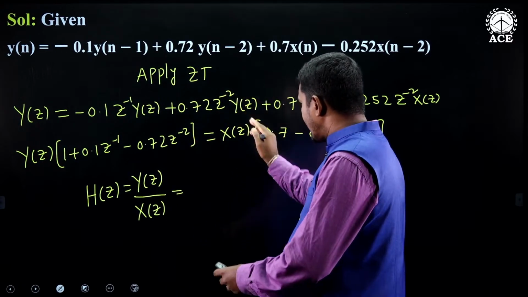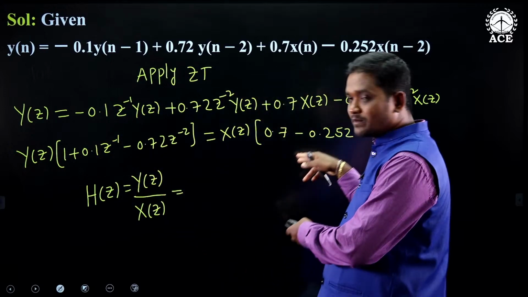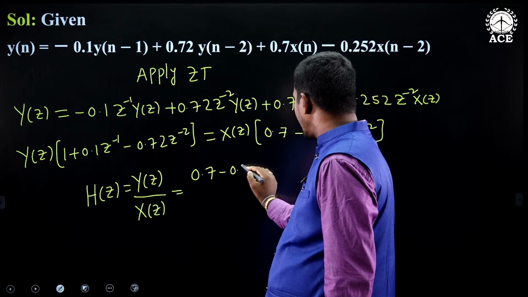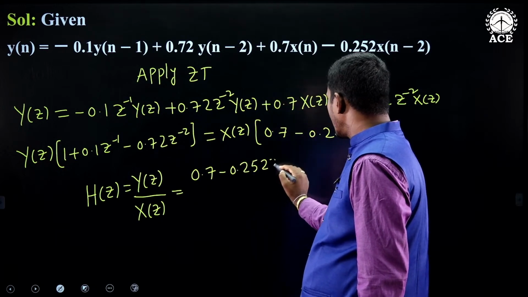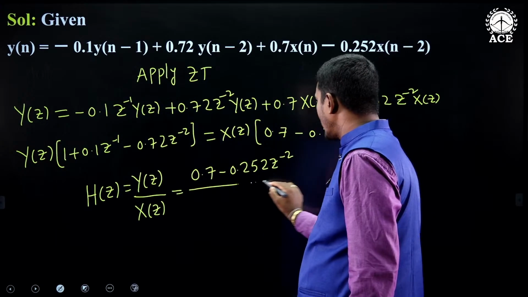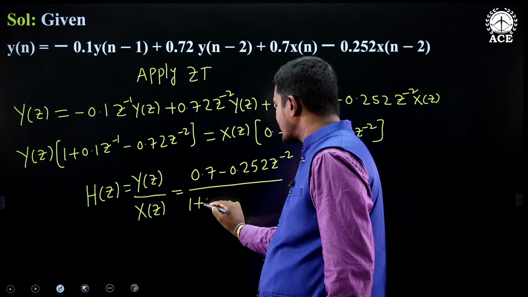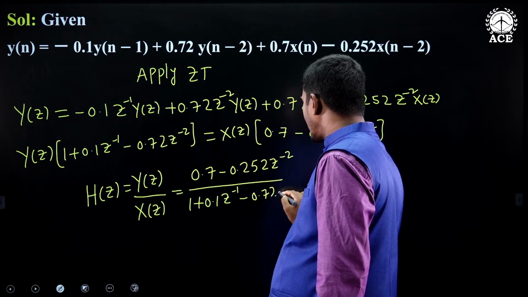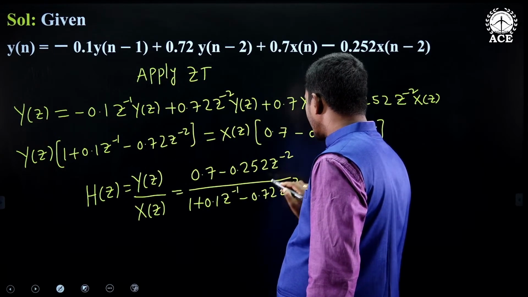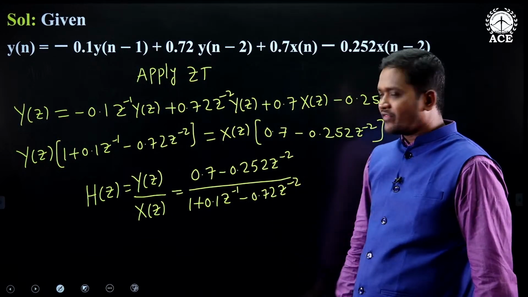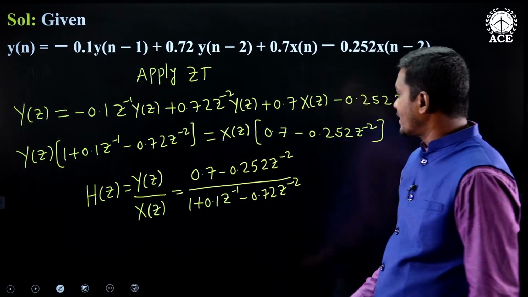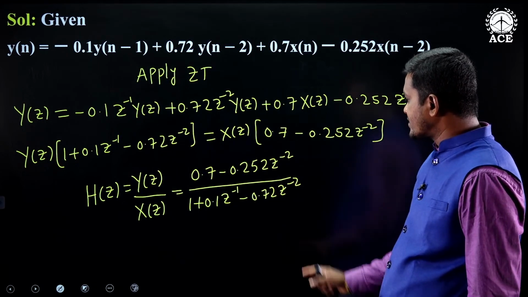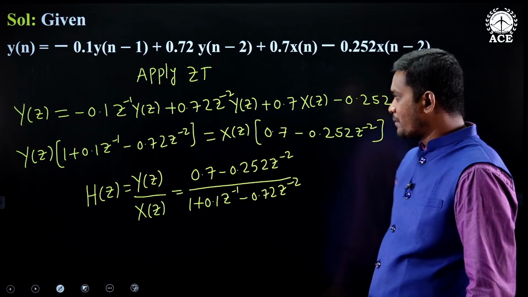You send X of z to that side and this term to this side, then what ratio will you get? 0.7 minus 0.252 z power minus 2, whole divided by 1 plus 0.1 z inverse minus 0.72 z power minus 2. This is the transfer function we got. See here: 0.7 minus 0.252 z power minus 2 by 1 plus 0.1 z inverse minus 0.72 z power minus 2.